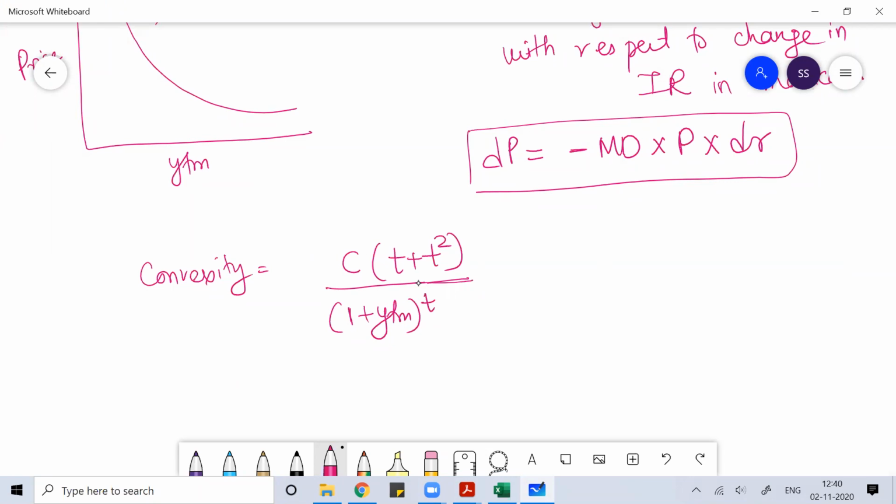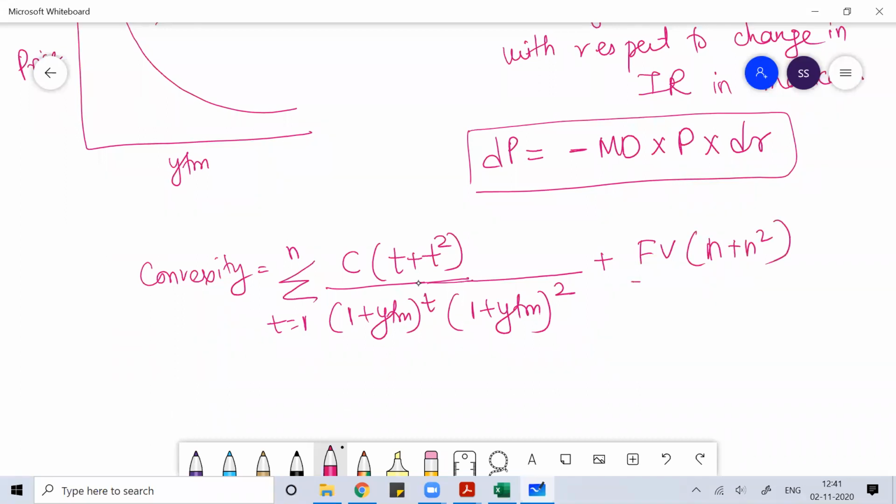And this you will divide by 1 plus YTM whole square. This you'll do for t from 1 to n, suppose the life of the debt instrument is n, plus face value into n plus n square, divided by 1 plus YTM to the power n into 1 plus YTM whole square.